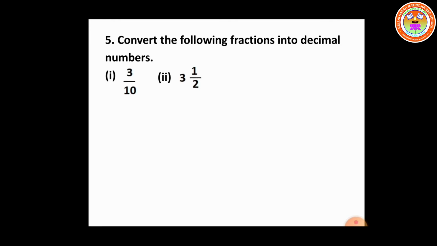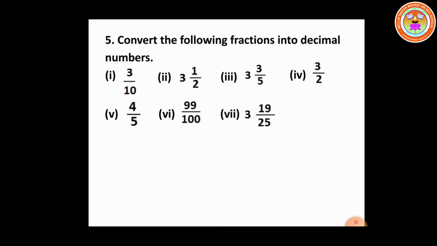Second subdivision 3 1 by 2. Third subdivision 3 3 by 5. Fourth subdivision 3 by 2. Fifth subdivision 4 by 5. Sixth subdivision 99 by 100. Seventh subdivision 3 19 by 25.